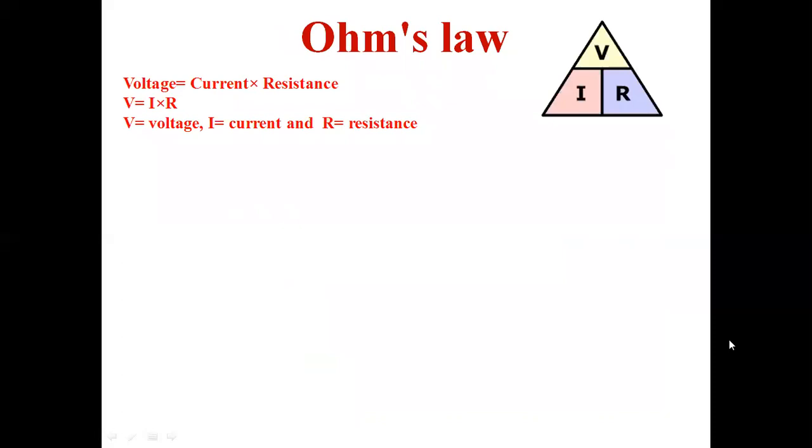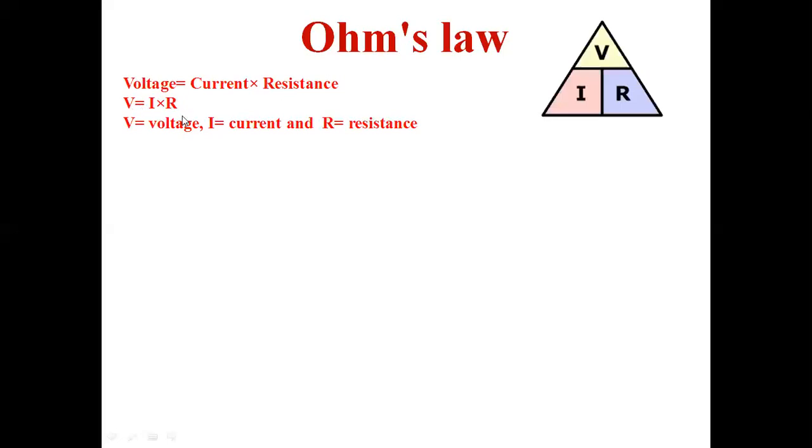Now Ohm's law. Ohm's law states that the voltage or potential difference between two points is directly proportional to the current when physical conditions are unchanged. Means voltage equals current into resistance. Resistance is the constant of proportionality.